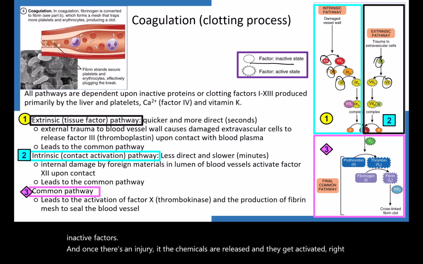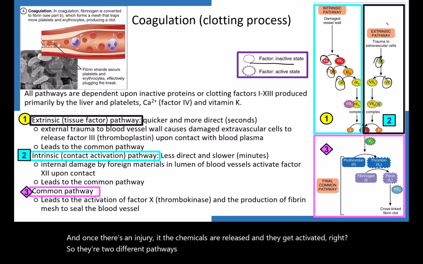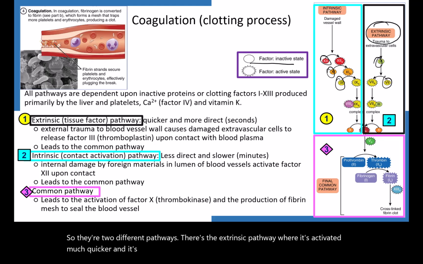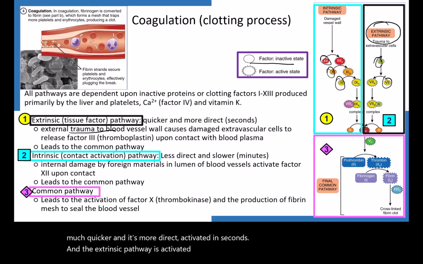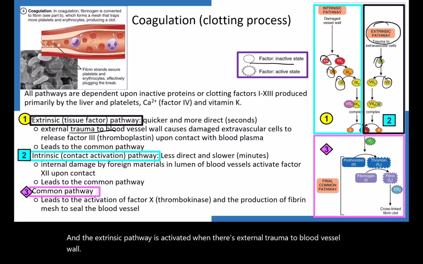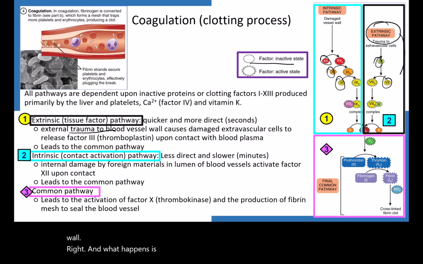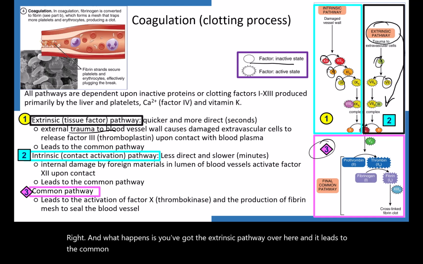There are two different pathways. There's the extrinsic pathway, which is activated much quicker and is more direct, activated in seconds. The extrinsic pathway is activated when there's external trauma to the blood vessel wall, and it leads to the common pathway, which is number 3.